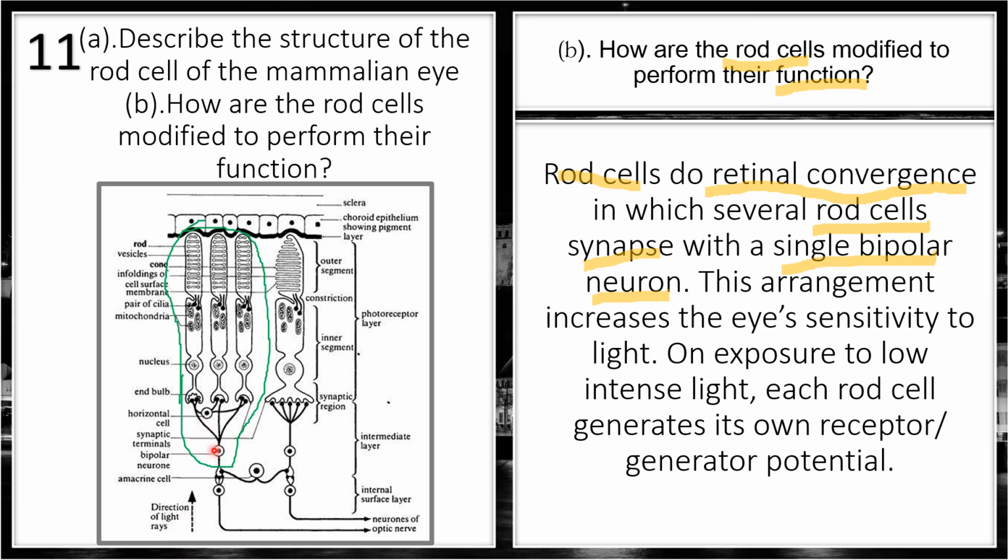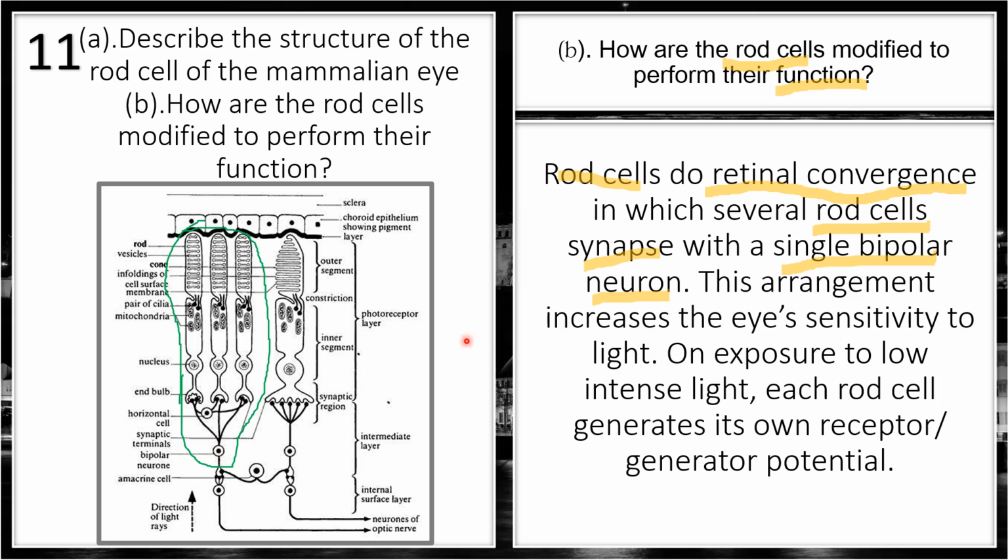bipolar neuron. So this one will come and form a terminal synapse here. And also this one forms a terminal synapse, and then they are connected to dendrites. But those dendrites join together and they join to one bipolar neuron.